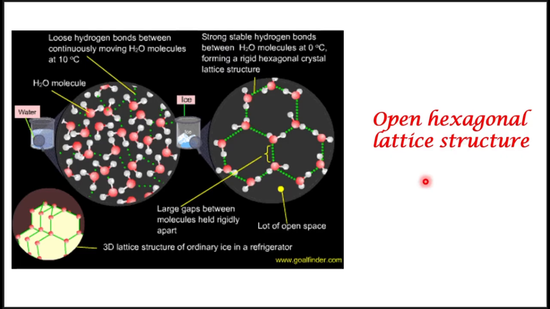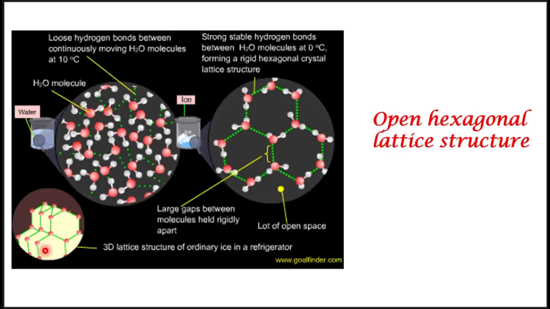So what is the shape of ice? It is an open hexagonal lattice structure. Loose hydrogen bonds between continuously moving water molecules at 10 degrees Celsius: this is liquid. But in ice, there are strong stable hydrogen bonds between water molecules at 0 degrees Celsius, forming a rigid hexagonal crystal lattice structure with a lot of open space and large gaps between molecules held rigidly apart.